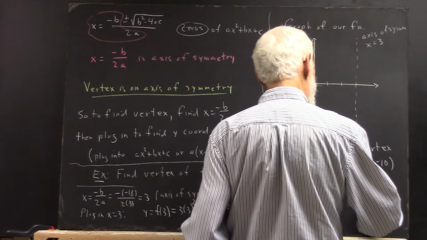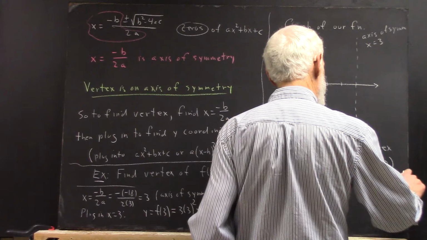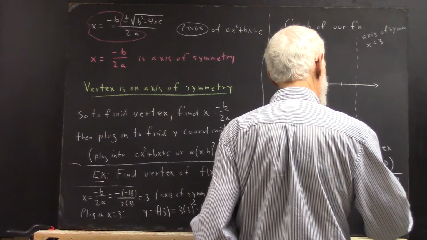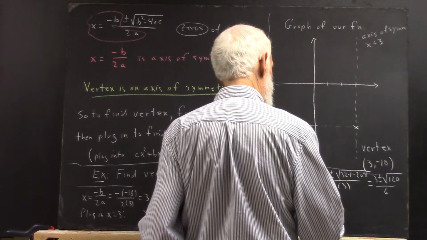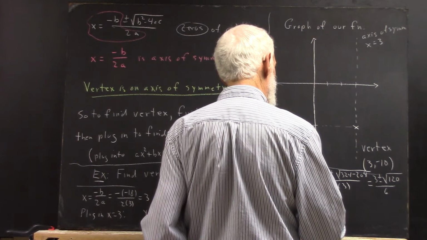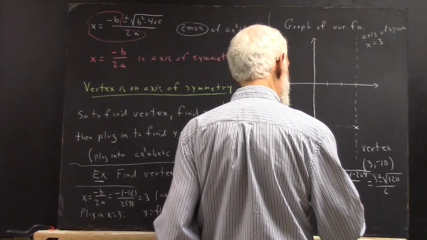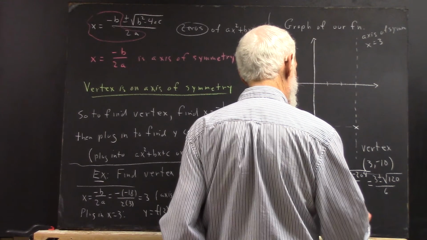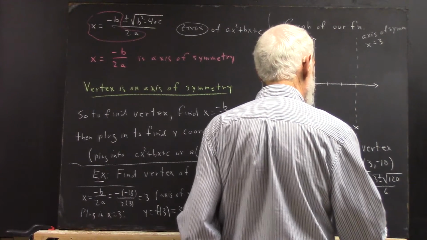And that's 3 plus or minus the square root of 120 over 6. Okay? Well, that's 3 over 6 plus or minus the square root of 120 over 6. 3 over 6 is 1/2.